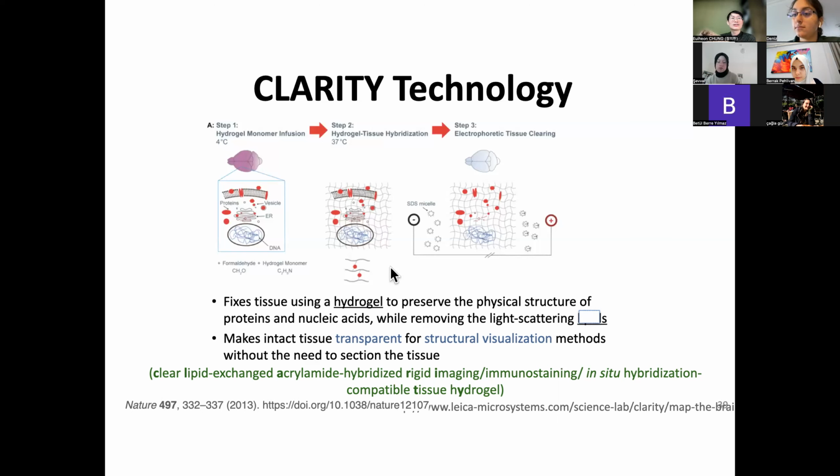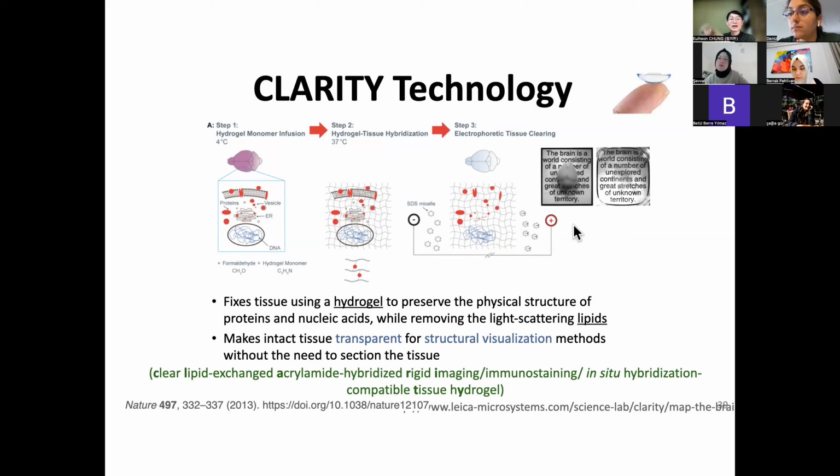So here's a trick with hydrogel, and light scattering lipids can be taken out by electrophoretic clearing. Hydrogel is a component of your contact lens. And this allows the whole mouse brain, which is not transparent, to afterwards become this clear.